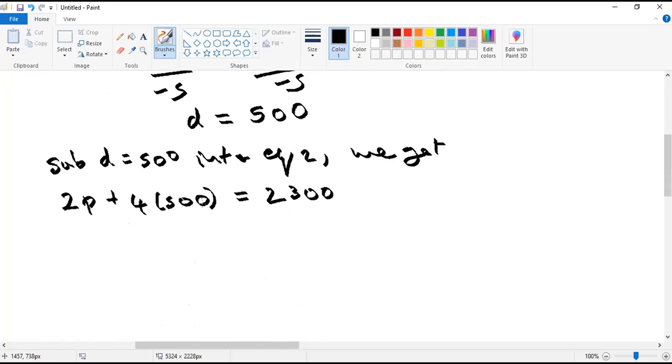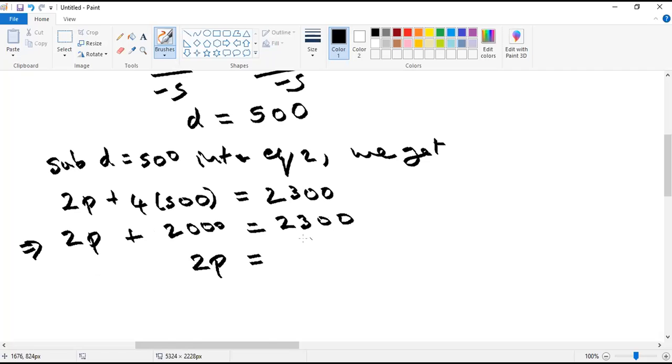All right, so we'll just write this out now. 4 times 500 gives 2,000. And then we subtract 2,000 from both sides, and 2P is equal to 300. Divide both sides by 2, and we get P equals 150.